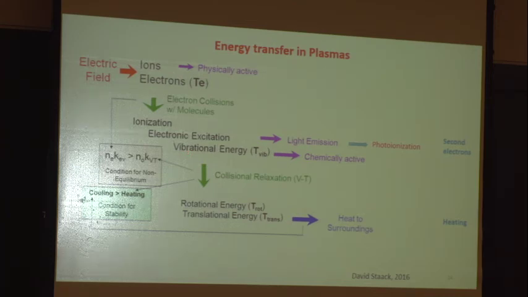So this is the energy transfer from electrons to ionization, electronic excitation, and then vibrational excitation. This electronic excitation could generate light emission, photon emission, like here. It could generate new electrons, and at the same time the vibrational or electronic excitation of molecules enhances the reactivity of fuel.